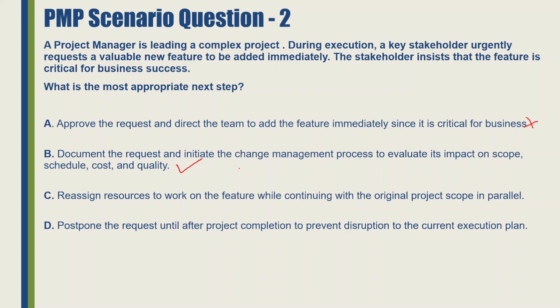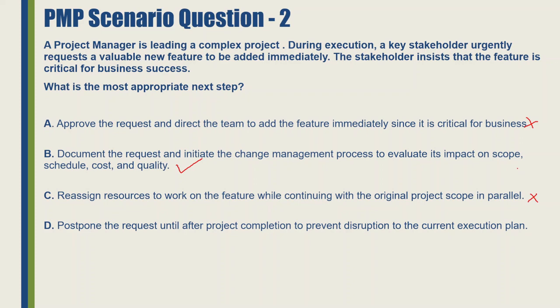And if we look at the next option, reassign resources to work on the feature while continuing with the original project scope in parallel. With a PMI mindset, we cannot reassign resources without a proper plan as it will disrupt the existing project scope and schedule both. So we can easily eliminate this.